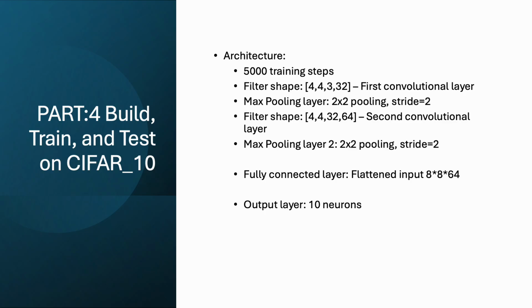The filter shape for the second convolutional layer is 4 by 4 by 32 by 64. The max pooling layer 2 is 2x2 pooling and a stride of 2. For the fully connected layer, the flattened input is 8 times 8 times 64. And the output layer is 10 neurons.